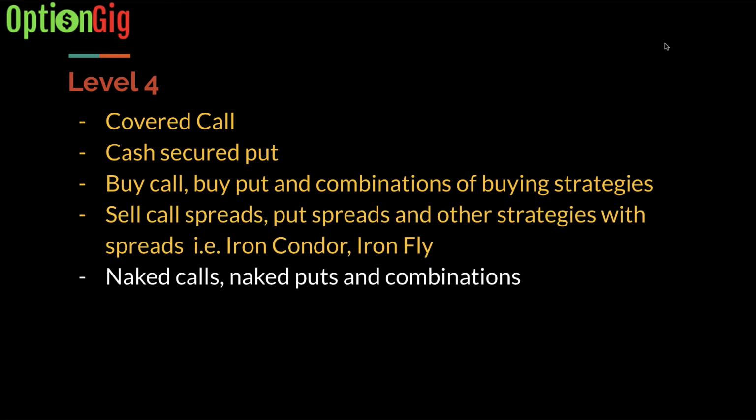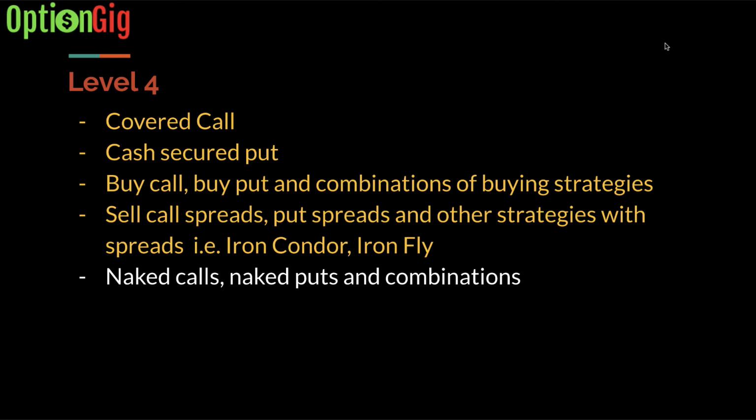Level 4 will have everything that's in level 3, plus they will also allow you to do naked calls and naked puts, and the trades that are a combination of naked calls and naked puts, for example, naked strangles, naked straddles. So this is the highest level of option trading privilege.